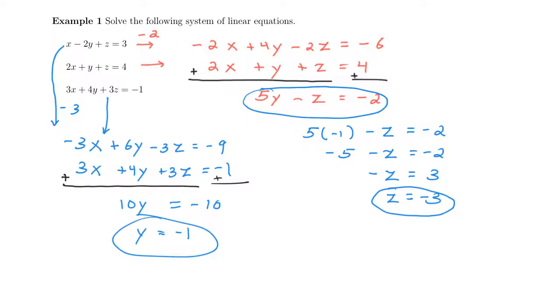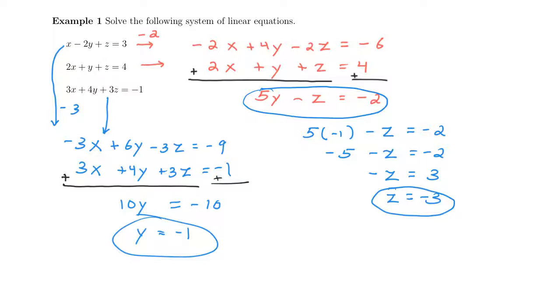So I have my y, I have my z, but just as in the previous lesson, now that I have three variables, I have to get a value for x as well. So I know y, I know z, I just don't know the corresponding x. But as long as you choose an equation that has all three of those variables, you can solve for it. So I think I'm just going to, like last time, go back to this first one. I'm going to put -1 in place of y, -3 in place of z, and that will allow me to solve for x.